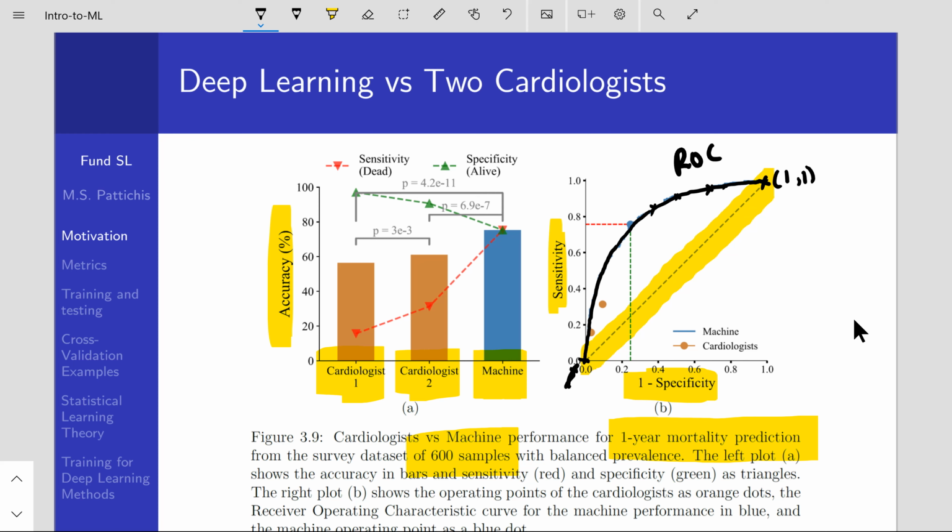Once you design a classifier and you set all the thresholds, you generate points. In this graph, this is the machine acting as a single point after we set up all its values, and then we have the two cardiologists acting right here, as two dots on this graph.